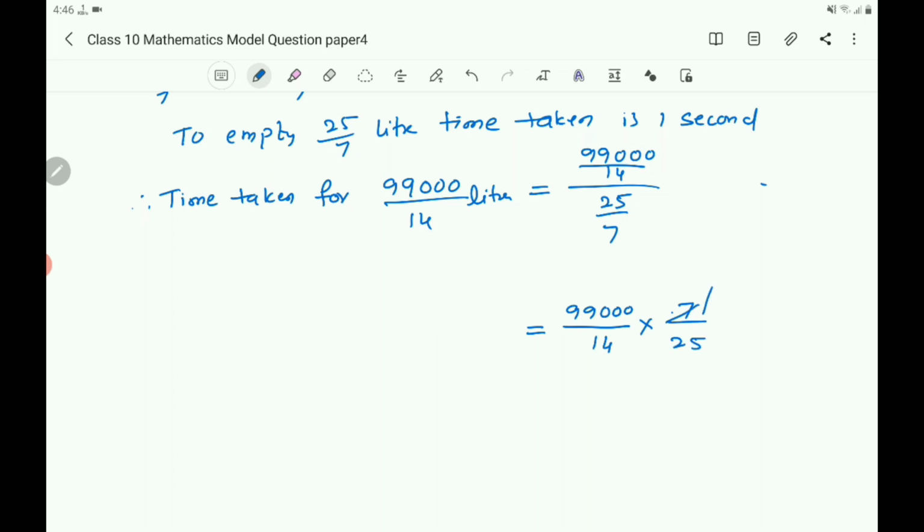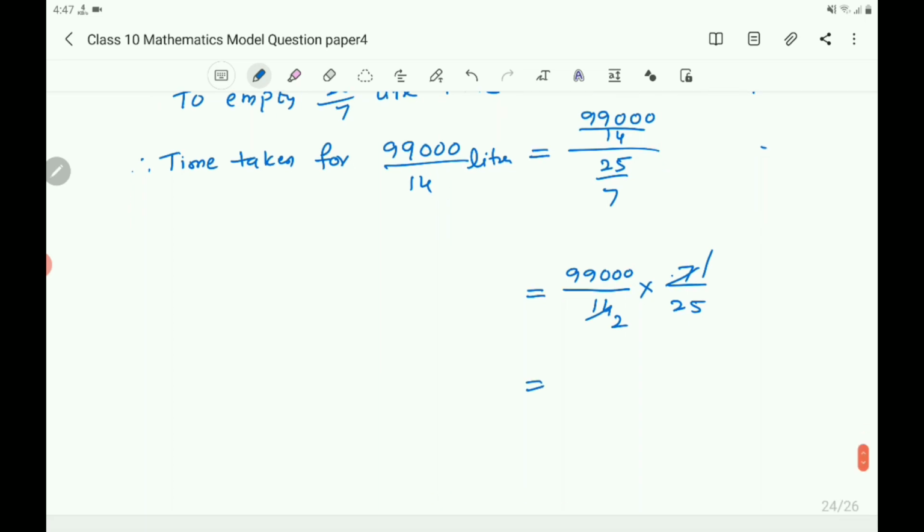Then 7 ones are 7, 7 twos are 14. Then you divide by 5: 5 ones are 5, 4 is remaining, 49, 5 nines are 45, 4 is remaining, 40, 5 eights are 40, 20 you take.